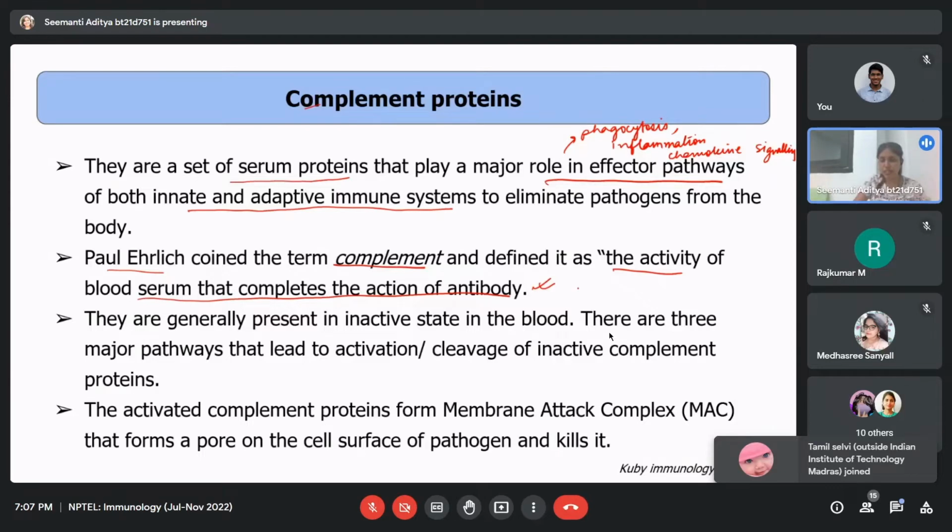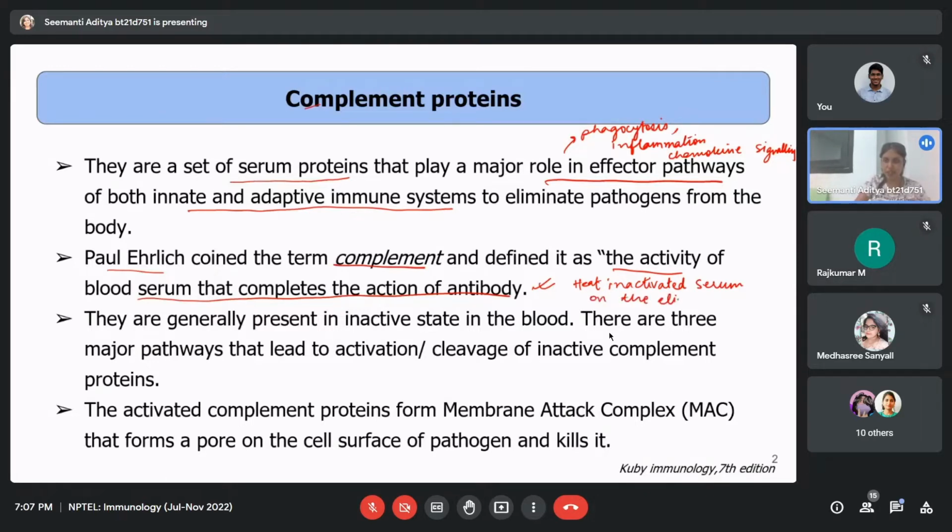They used the serum component of the blood, a heat inactivated serum component, and checked its effect on the elimination of pathogen compared with normal serum. Earlier scientists wanted to check the effect of heat inactivated serum on the elimination of pathogen.